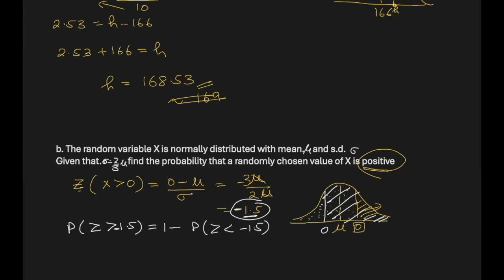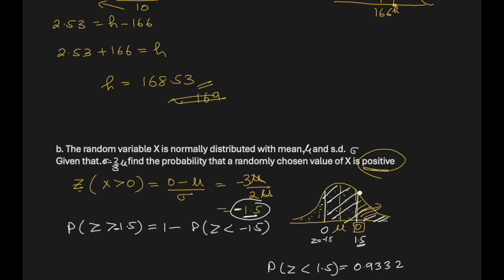Okay, so this is negative 1.5. Z equal to negative 1.5. This is what I wanted, but in my table there was no negative, so I will take the positive one. This positive 1.5, and we got 0.9332, right? 0.9332 is the probability when z is less than positive 1.5.